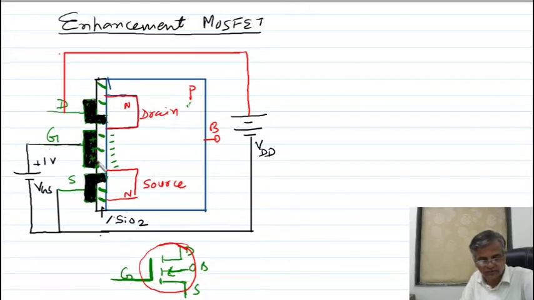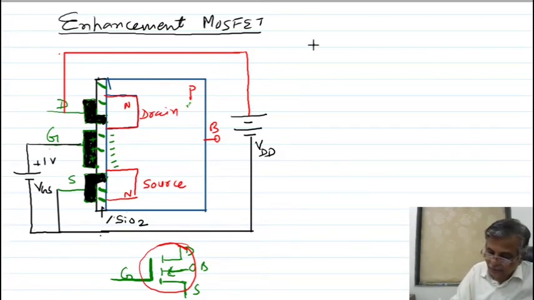So negative charge is induced, so you can say that the channel is induced. As a result, as you apply this voltage, the electrons will go like this, and current starts to flow.